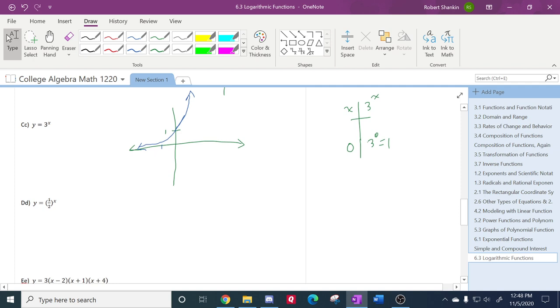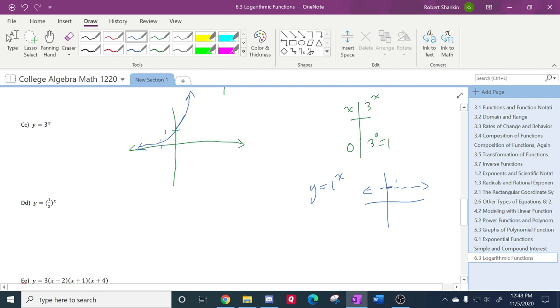And then, we had talked about this before. One problem that I didn't put in there is if I put y equals 1 to the x, well, that just looks like this. At a height of 1, it's always staying the same. So, when you have 1, it's a horizontal line here.